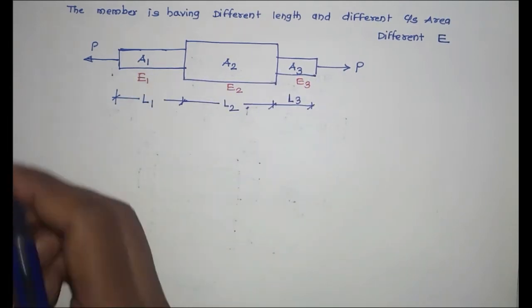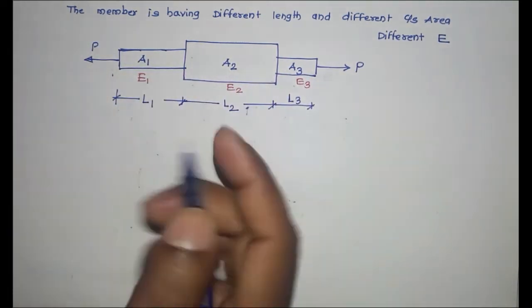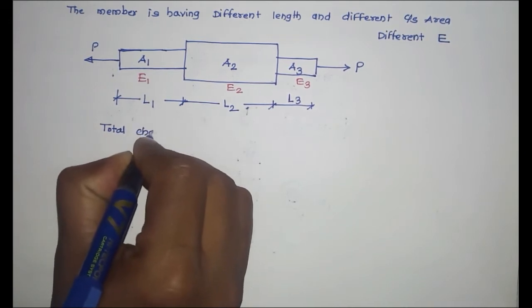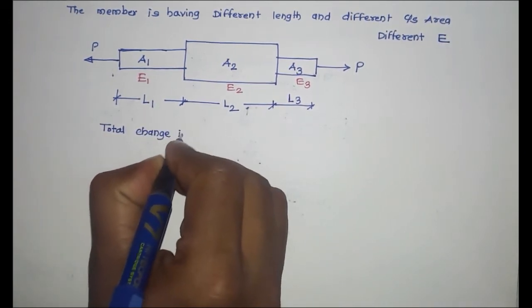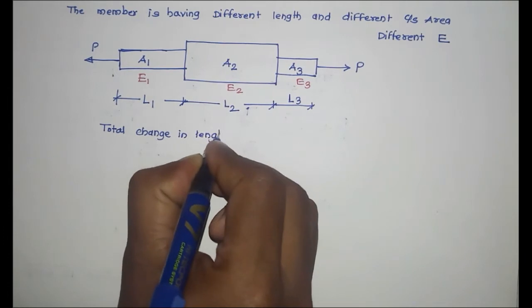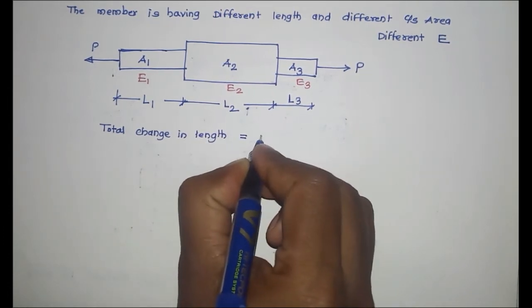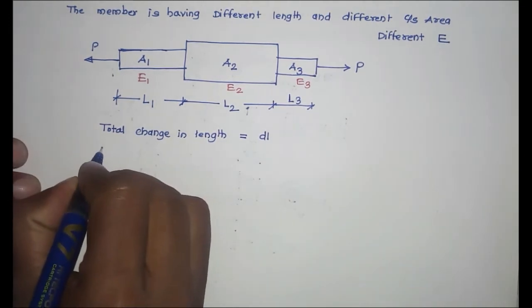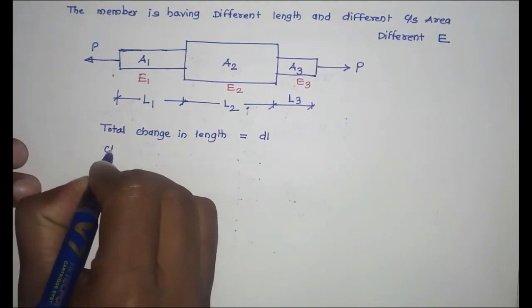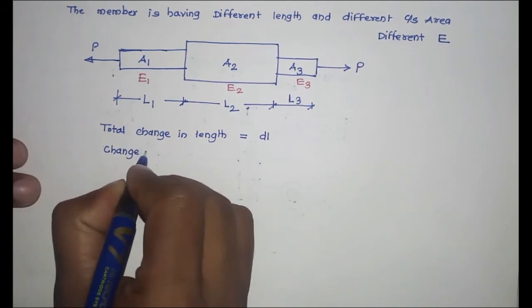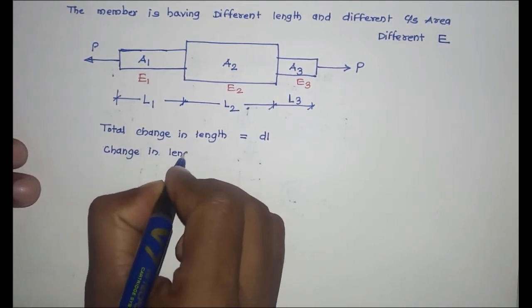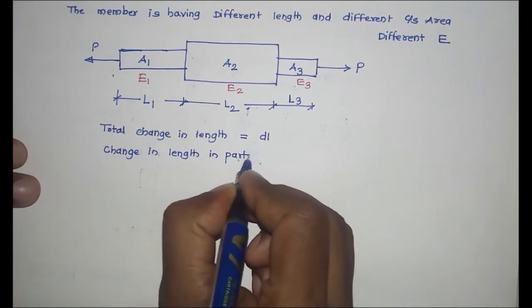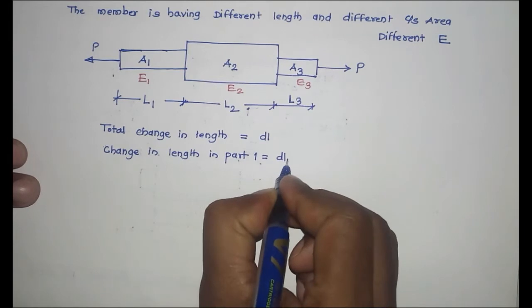What does that mean? Suppose because of this force P, the total change in length is equal to dl, and suppose the change in length in part 1 is equal to dl1.